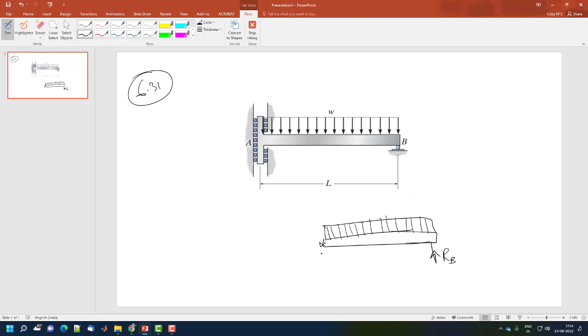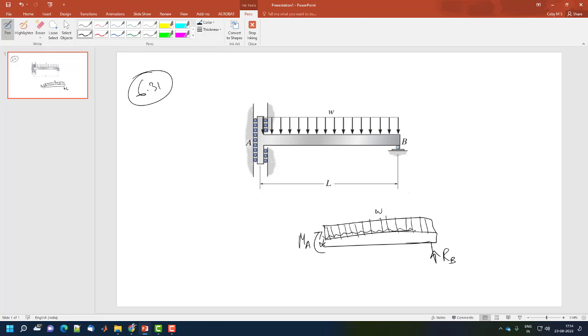Let's consider there is a moment acting. We don't know the direction of the moment, so let's take this as the direction, MA. So this is the free body diagram.